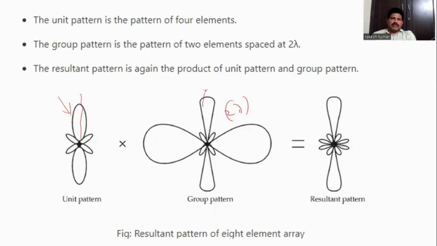In this direction I am getting maximum radiation. Whenever there is maximum radiation in both, in the product we will get maximum radiation. Here null is there, here maximum. So cancellation takes place, so no radiation will take place. Okay, so this is the radiation pattern of 8 elements separated by lambda by 2.